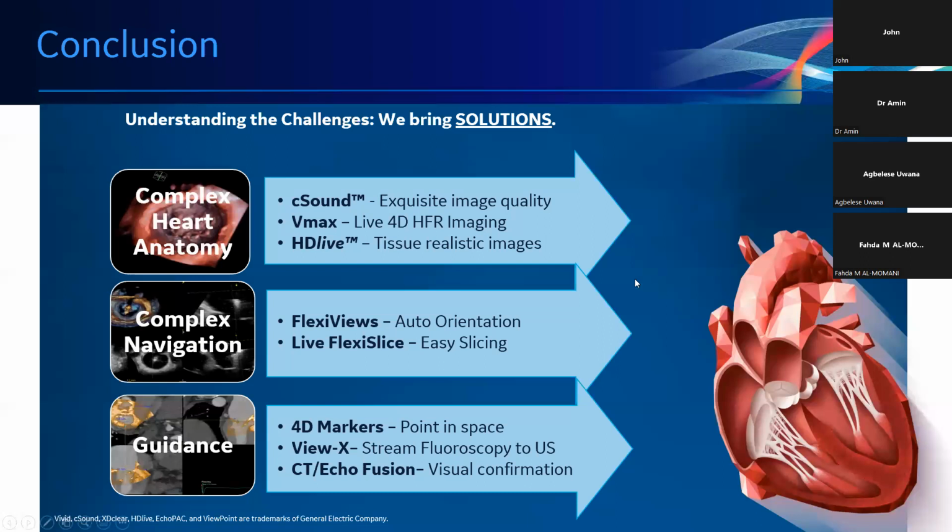So in conclusion, again, 4D echo, or echo in general, can help a lot when it comes to structural procedures in terms of the anatomical visualization, C-Sound, Vmax, HD Live in terms of the navigation when it comes to flexi slice, flexi views with automatic cropping, automatic orientation, flexi slice with easy slicing, getting the right anatomy or the right slice cut for the right anatomy.